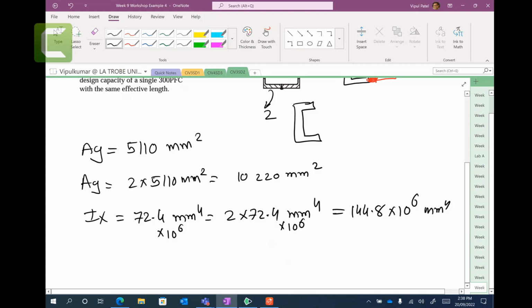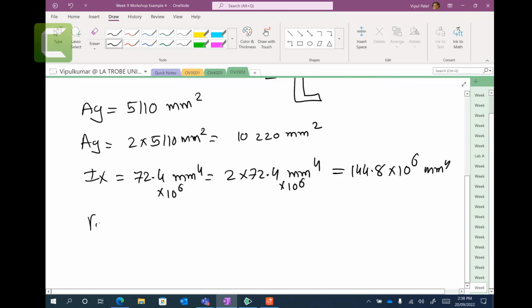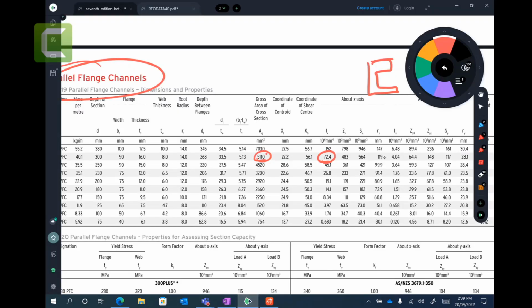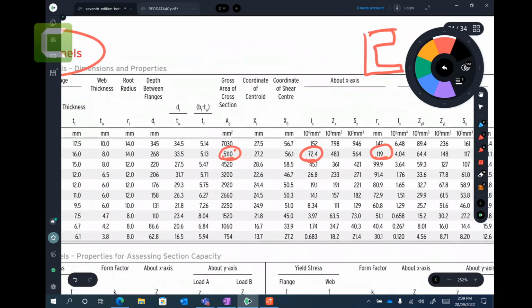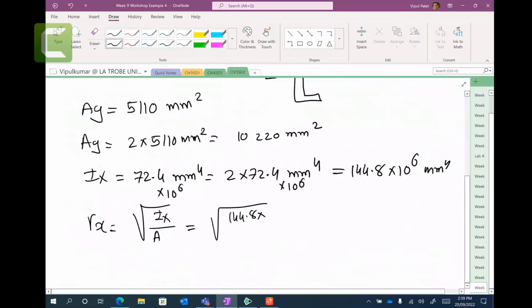You got it so far? We are just multiplying by 2. Radius of gyration about the x-axis, Ix over the gross area. So 144.8 times 10 to the power 6 over the gross area, which is 10,220 millimeter square.